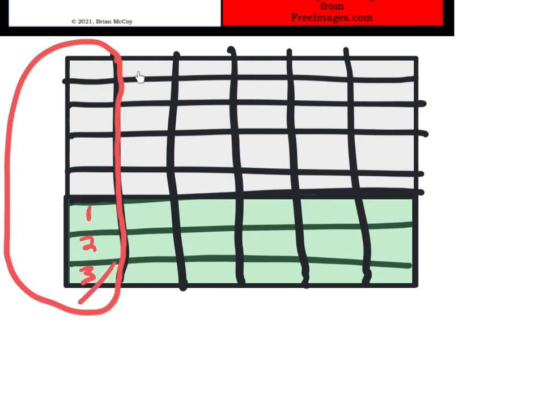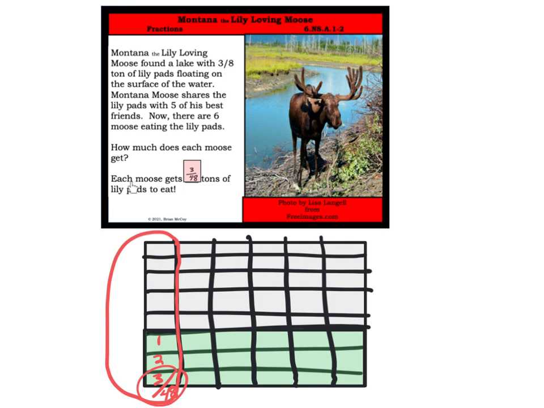And we've got 1, 2, 3, 4, 5, 6 times 1, 2, 3, 4, 5, 6, 7, 8. Well, 6 times 8 is going to give you 48. Here we go. Each moose gets 3/48 tons of lily pads to eat.